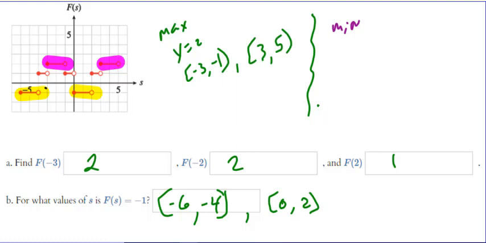So that would be bracket negative 6 to negative 4, parentheses, comma, then bracket 0, comma, 2, parentheses. Okay, so those are the x values, and that min would be y equals negative 1, right? Okay, so that concludes 1.3 part 2's video, and that went over some max and mins.